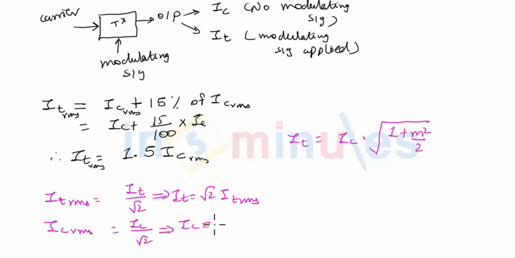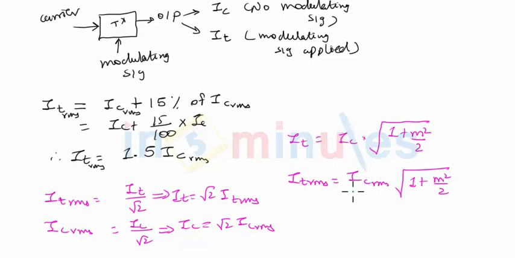That means IC will be equal to root 2 times IC RMS. So if I replace IT and IC in terms of their peak values, IT RMS equals, this root 2 will cancel out from both sides. We will have exactly the same expression that was in terms of the peak values, now available in terms of RMS values. So let's now make the substitution.